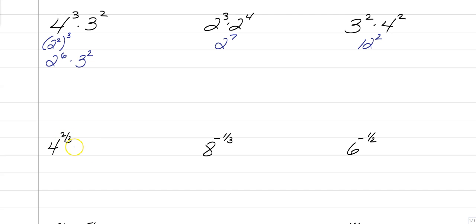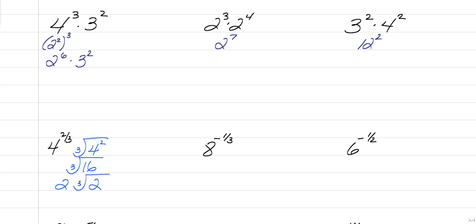This would become the cube root of 4 squared, which is the cube root of 16. And then you would just break it down with your factor tree. You'd have 4 2's. You would circle a group of 3. So you'd have a 2 on the outside, left with the cube root of 2. So when you're simplifying, it'll still work out. It might just be a little bit different.